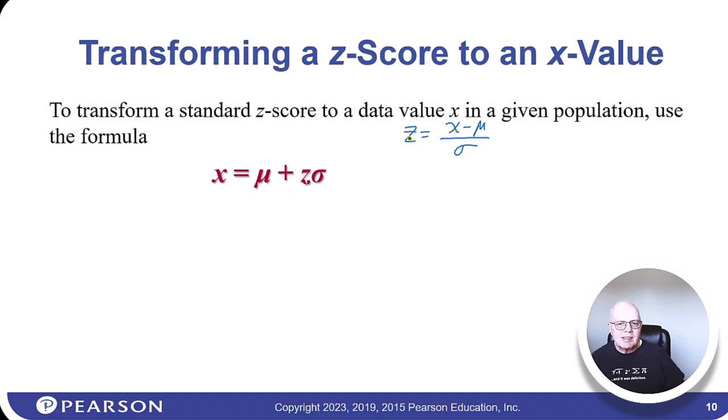So if you have the z-score and you want x instead, first of all, as an algebra student, you'll multiply both sides by the standard deviation. That'll give you z sigma equals x minus mu. But what we want is x. So we'll add the mu to both sides, and we'll have x equals mu plus z sigma. And that's what we've got indeed.